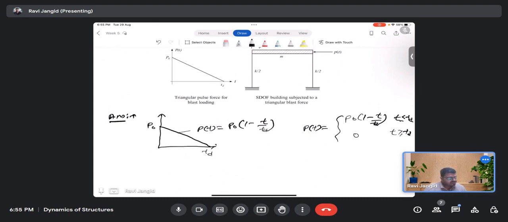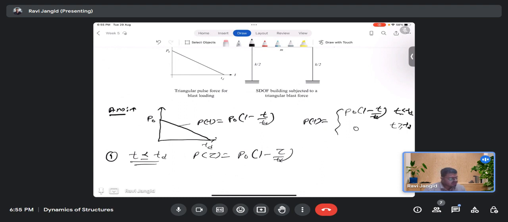So now consider the case t less than or equal to t d. For this, p tau will become p naught into 1 minus tau over t d. So by the Duhamel integral, 1 over m omega n, integral from 0 to t of p tau sine omega n (t minus tau) d tau.